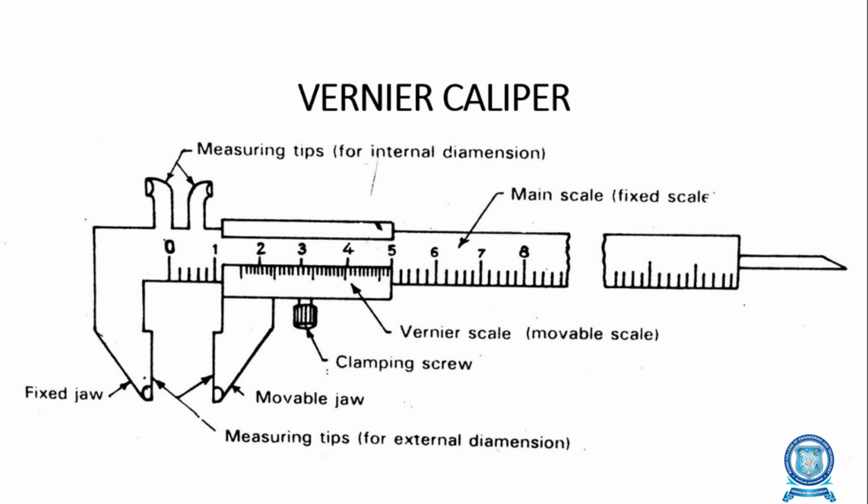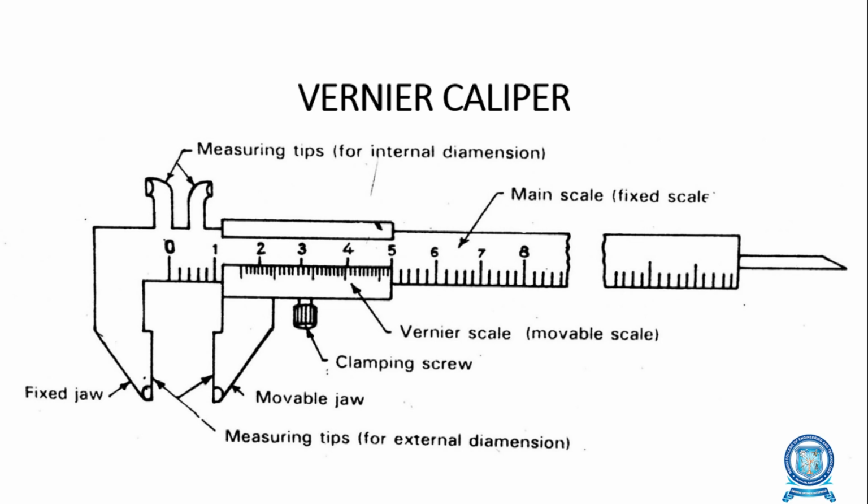It has two steel rulers which slide one over the other. One of the longest scales is named the main scale. So this is the main scale, which is on the longer side of this vernier caliper and which is graduated on an L-shaped frame.